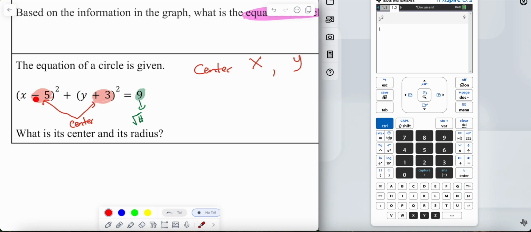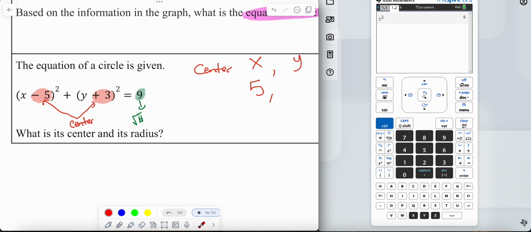Now right here, it is a negative 5. And remember I told you it's always opposite. So the opposite of a negative 5 will be a positive 5. So my X is going to be a positive 5.